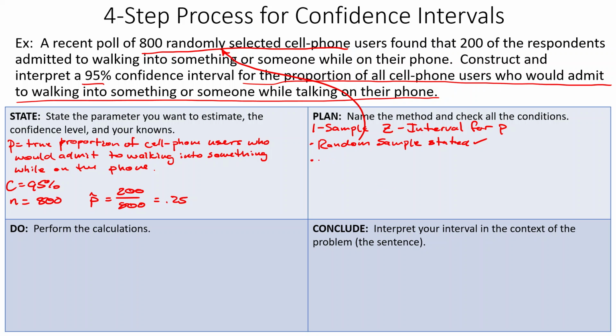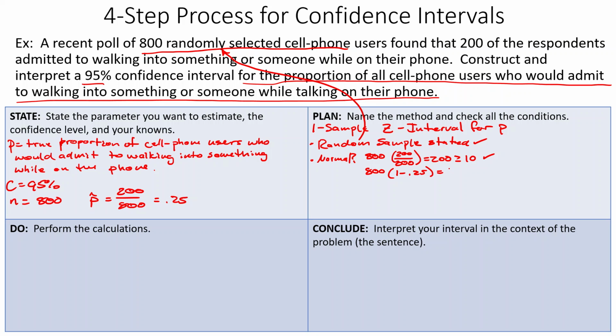Next up are approximately normal conditions. So we're going to do n times p hat, which gives us 200, which is greater than or equal to 10. Yep. And then we've got 800 times 1 minus 0.25, which is going to give us the rest of this.